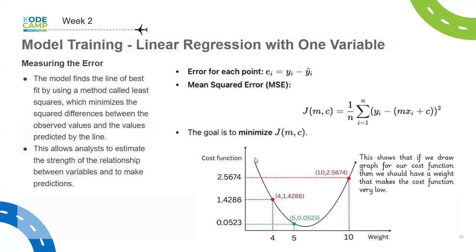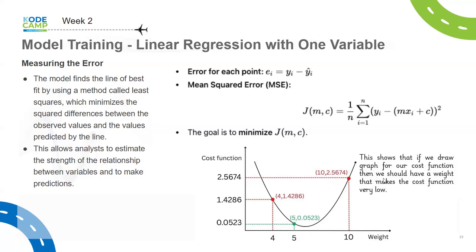So what you want to do is calculate the values of m and c that correspond to this point. That is your optimal parameter set, and that is the model that will do the best prediction. So this is now the mathematical formulation of machine learning.